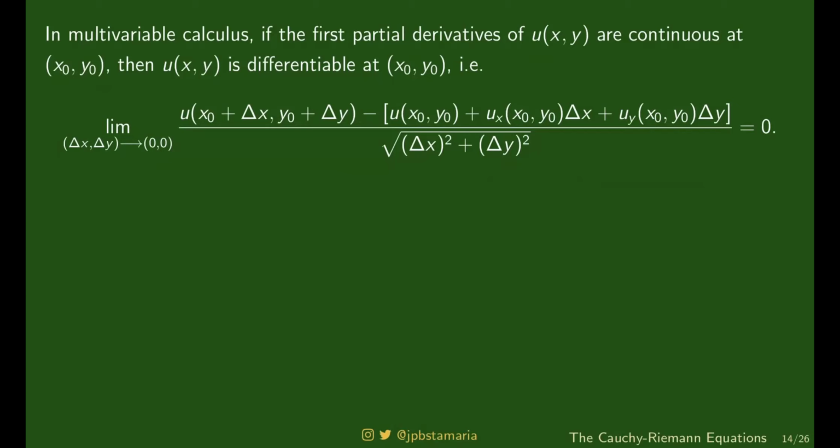What does that mean? Kung mapapansin ninyo, if you make this substitution, yung x ginawa niyong x naught plus delta x, yung y ginawa niyong y naught plus delta y. Ito ngayon, ito yung u of x y. Kulayan ko ng dilaw.